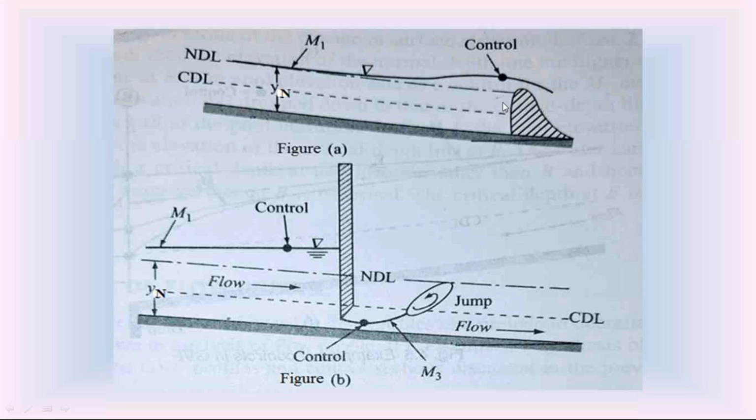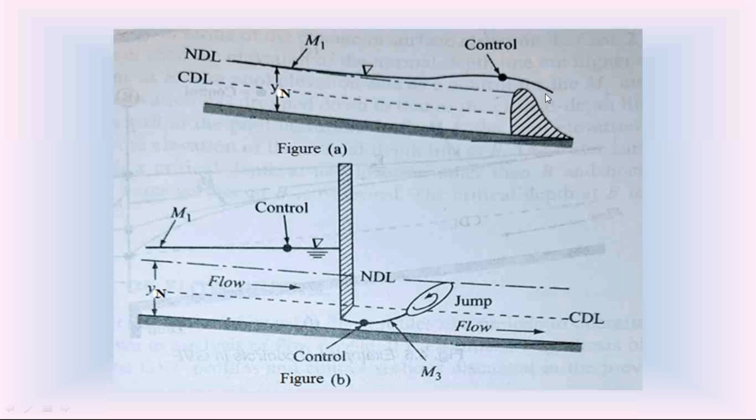Now coming to section 1. At section 1, we know the depth of flow, Y1, and we know the discharge Q. By knowing the shape of the channel and the depth of flow at section 1, we can calculate the wetted area at section 1.